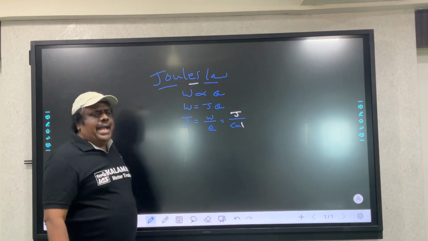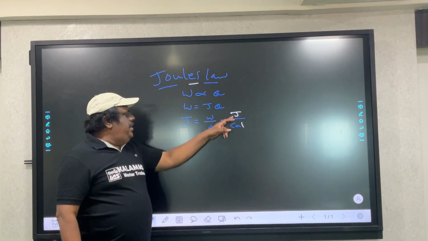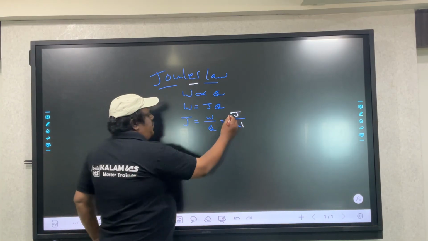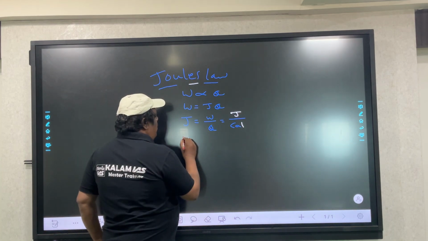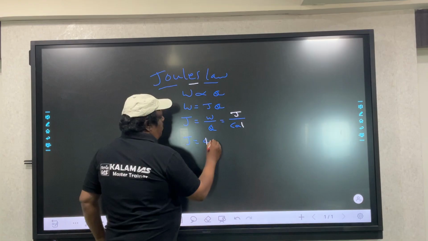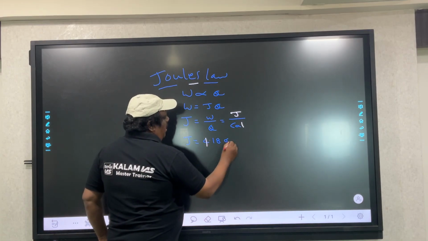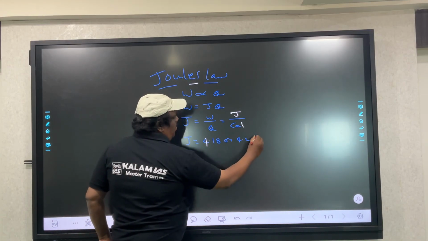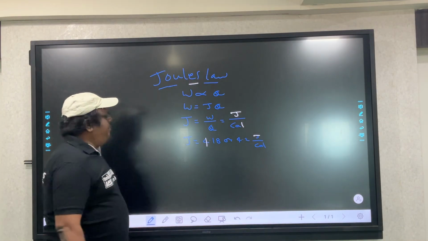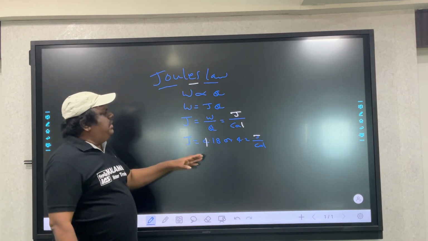So joule per calorie is the unit of Joule's constant. What is the value of this proportionality constant? It is 4.19, or nearly 4.2 joule per calorie.